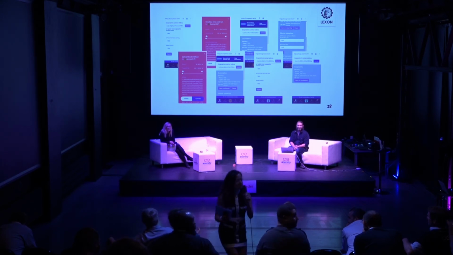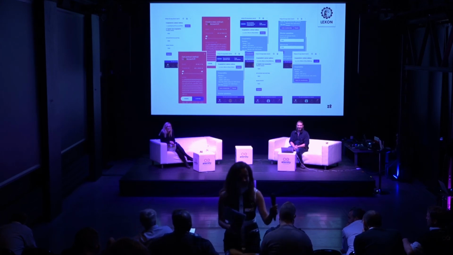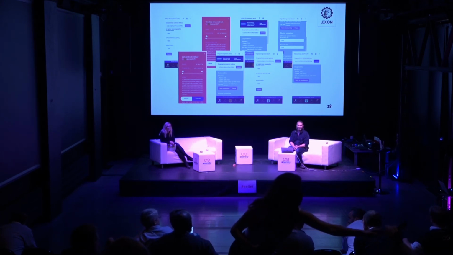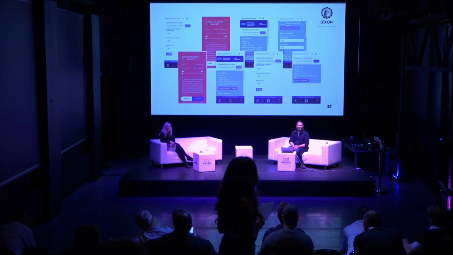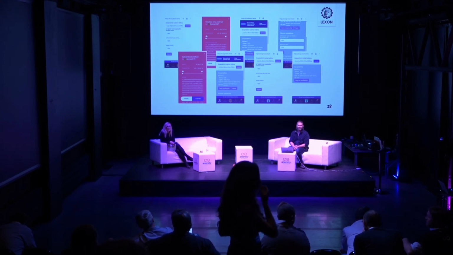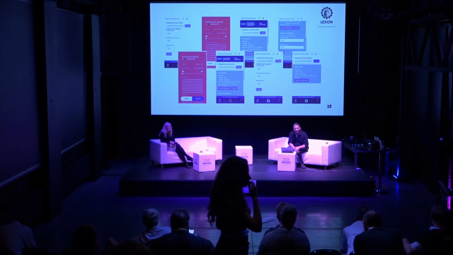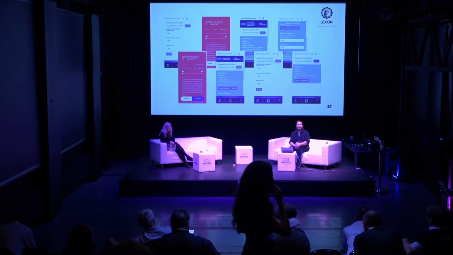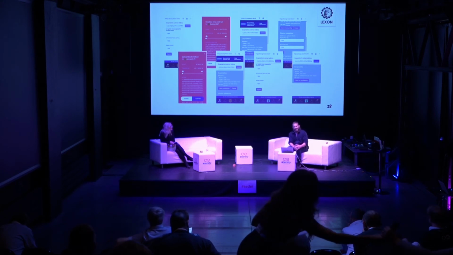Okay, one more question. I have a simple question. Is it planned to have a two-way translation between smart contracts and lawful contracts? Sorry, to have what? A two-way translation, so that you can see the smart contract and get Lexon language out of it. If the smart contract has been created by Lexon, yes, absolutely.